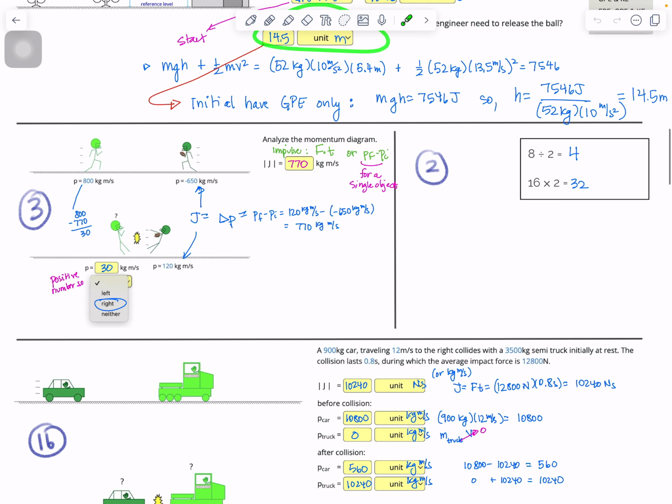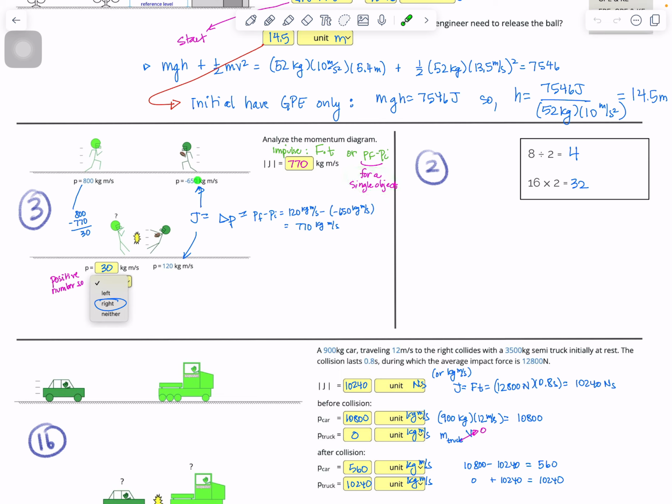All right, the next one. So impulse, I can think of it either as force times time or a change in momentum. And the thing that's important to remember is that this is the final momentum minus the initial momentum for a single object.